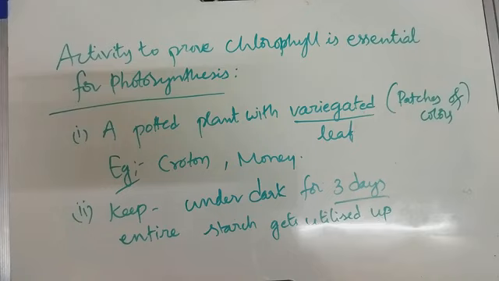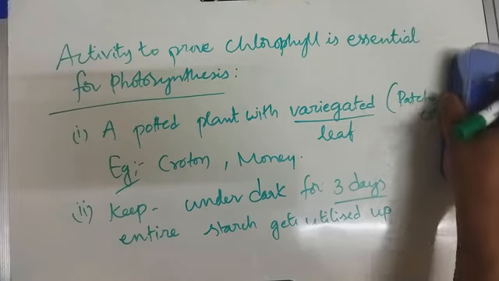Entire starch gets utilized up. So when the potted plant with variegated leaves is kept under dark for 3 days, entire starch is getting utilized up.